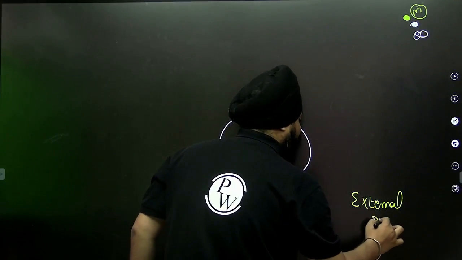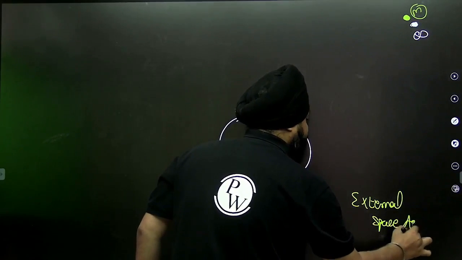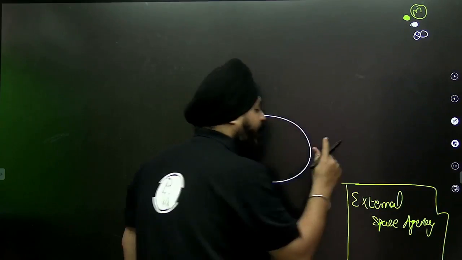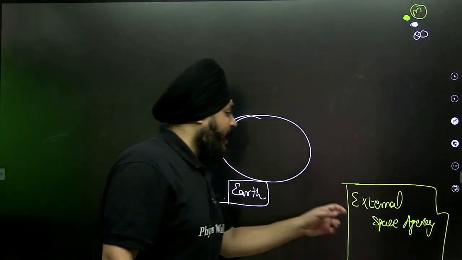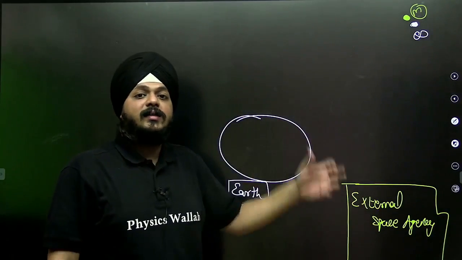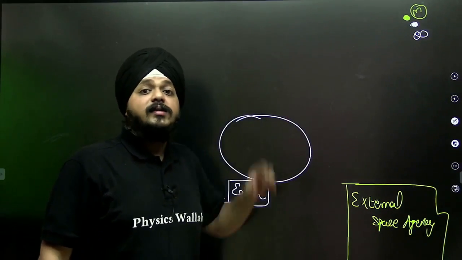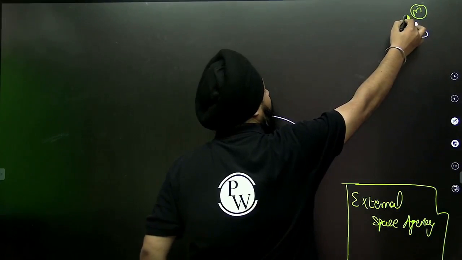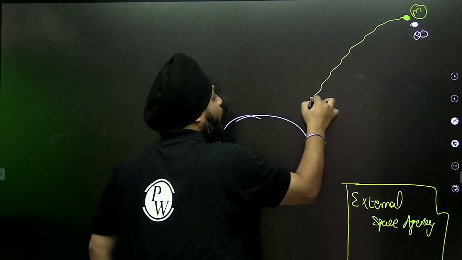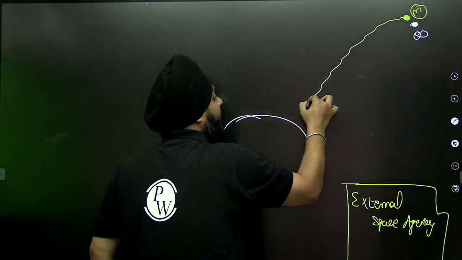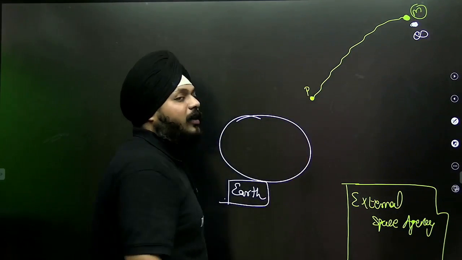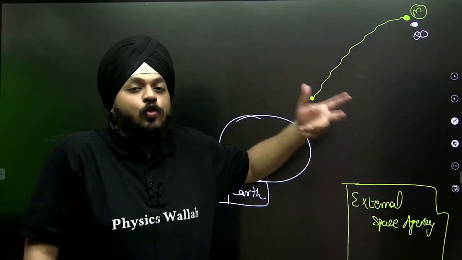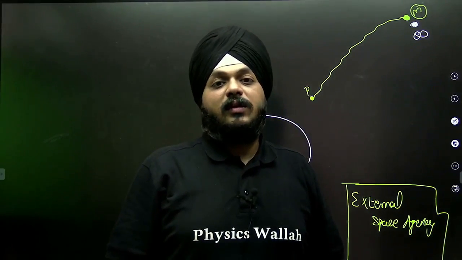We have given the task to the external space agency: do the work to bring the object from an infinite position to any point under the gravitational field of the Earth, by whatever path.